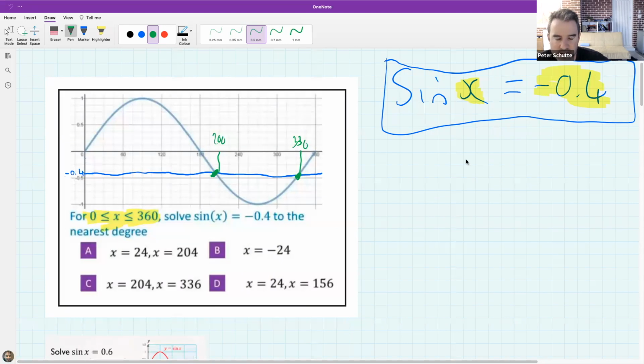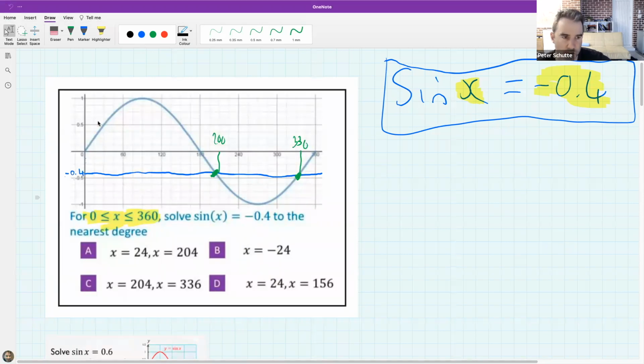Okay, well, let's have a look at our calculators. Take your calculator and put in the sine of 200 and see if you get something close to negative 0.4. I'll slow down. I can see lots of you are feeling a bit confused, which is fine.